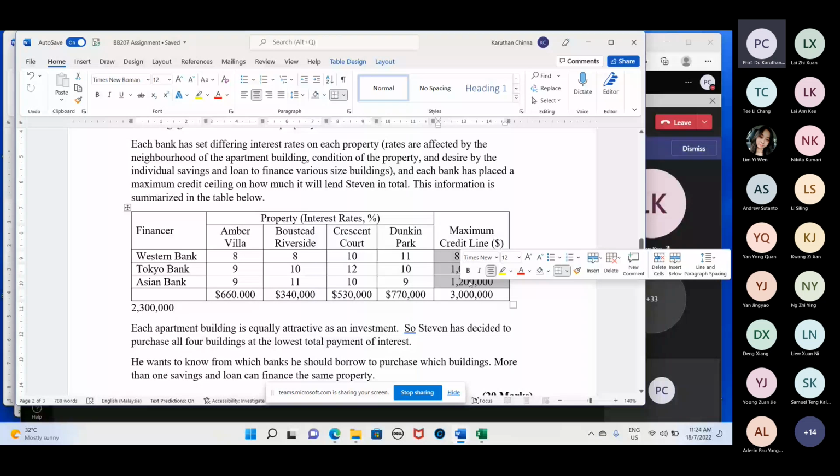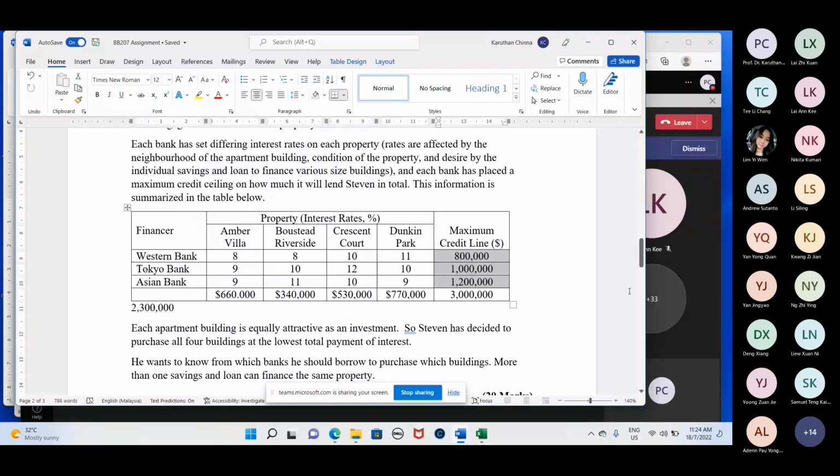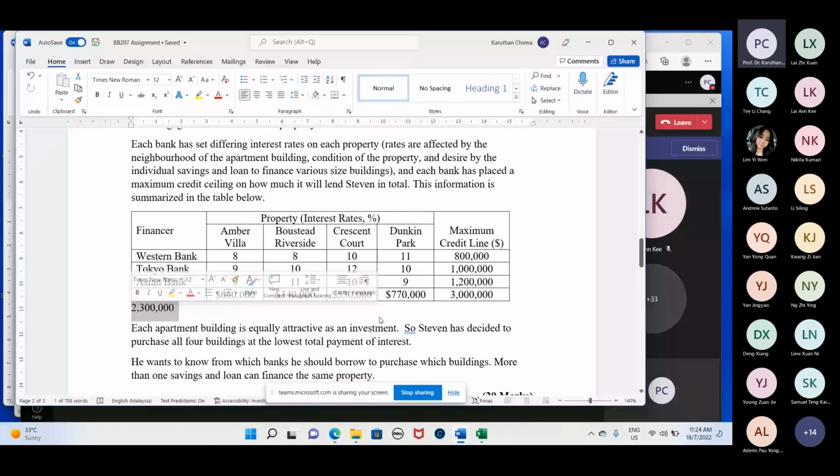So here, is it a balanced problem? No. Which is more: the loan you can take or the property price? The property price is 2.3 million. How much loan credit is available? 3 million.